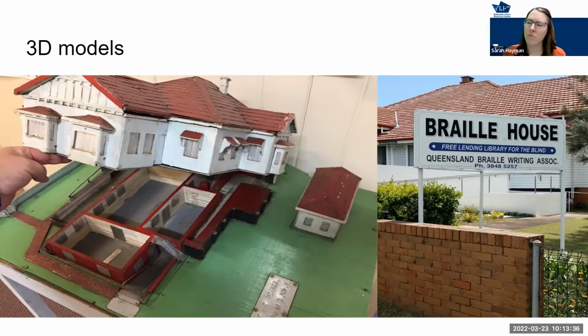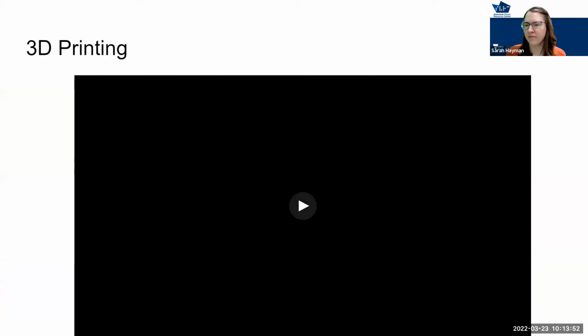However, the creation of handmade models became impractical with the advent of integration of students who are blind into mainstream schools. And there's also been a move towards digitisation. So this is where 3D printing comes in.